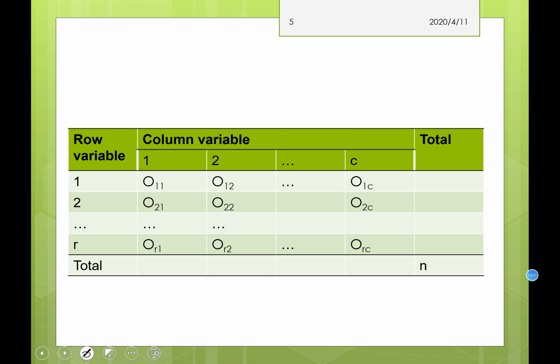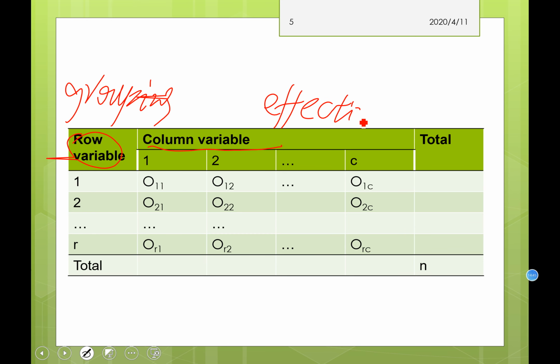Okay, so this is a contingency table. We can find that this is the row variable. Most often we use the grouping variable as the row variable, and here this is the column variable, for example, the effectiveness or the results of the treatment.